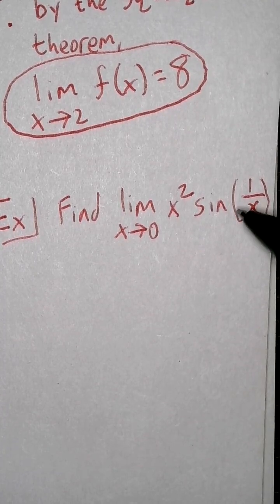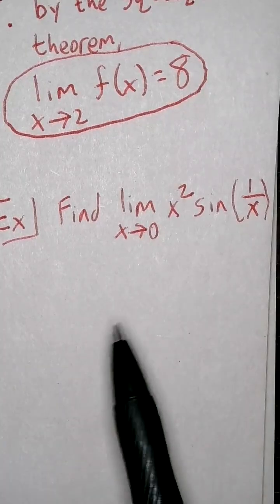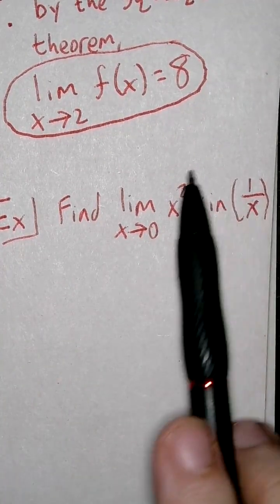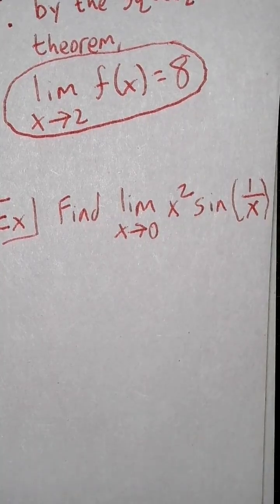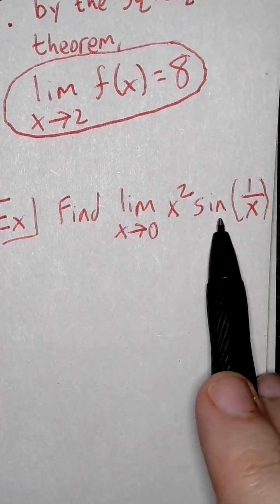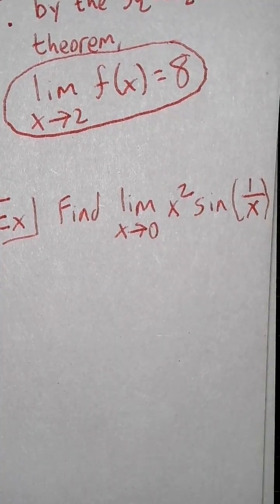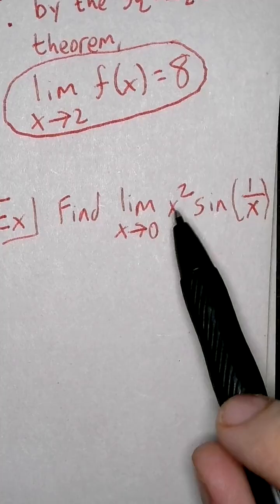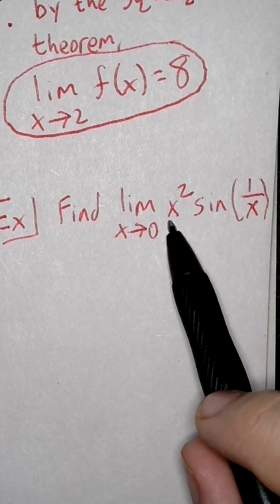So here's what I'm going to do. I'm going to use the squeeze theorem to find this limit. So how would I do that? Well, I'm going to take a look at my functions here, and I'm going to make an observation about them. So let's talk about x squared for a second. Is x squared bounded?